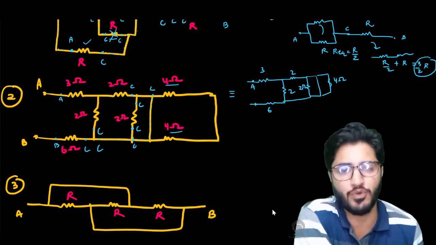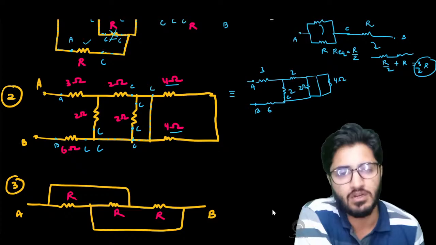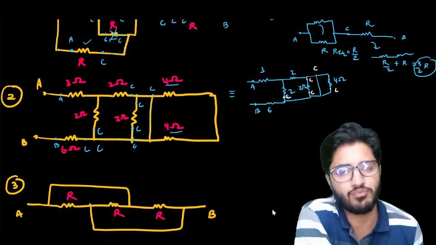Potential A, potential B, here potential C. Here is C. Here potential is C. You can see here potential is C, potential C, potential C, potential C. Done. So I will write here potential D. So it will become D, D, D.